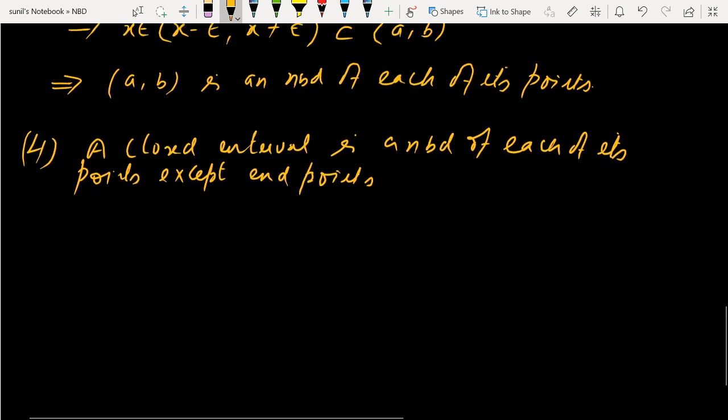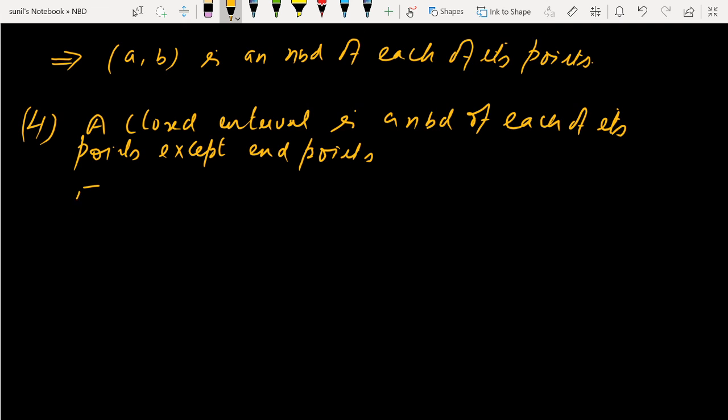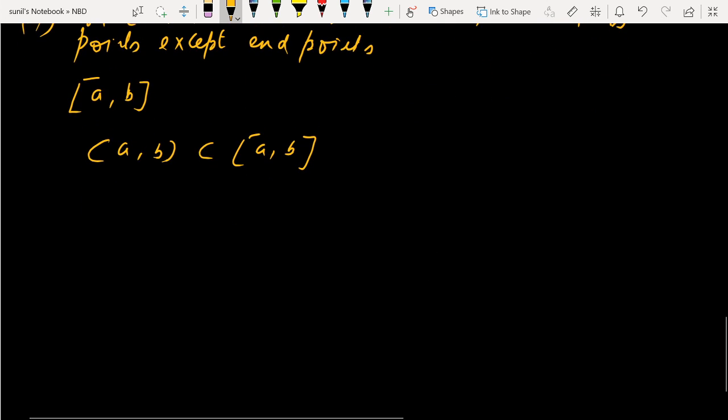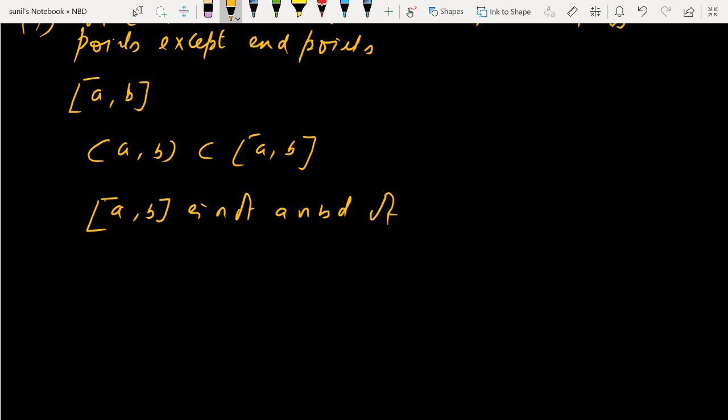Certainly, if I write this closed interval [a, b], I know that the open interval (a, b) is always contained in it. Now I will say that this bracket [a, b] is not a neighborhood of a and b.